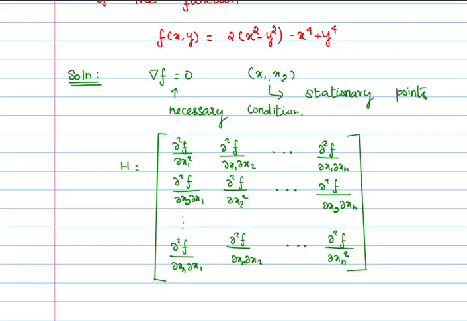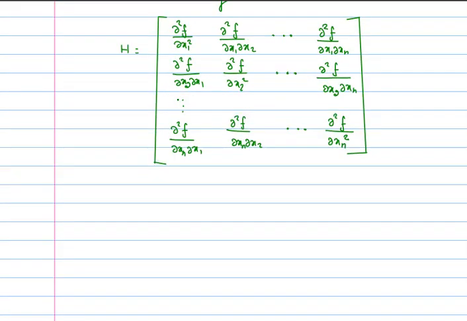Suppose all the eigenvalues of this Hessian matrix are positive. Because it's a function of x1, it's not a constant, it is H(x1, x2, ..., xn).